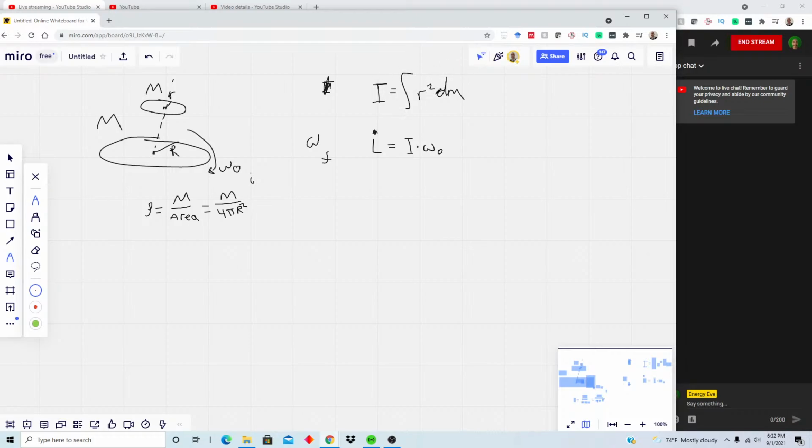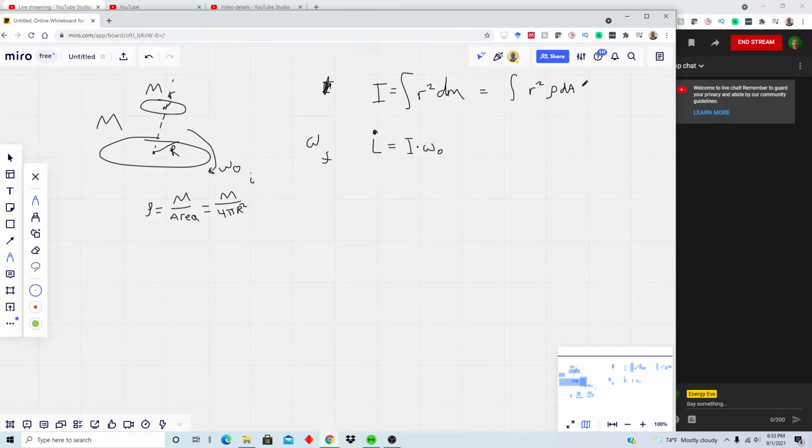If we were to solve this equation, the moment is going to be equal to a double integral over the area, because dm turns into the density times dA, which is the area.